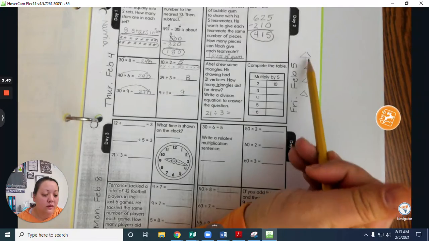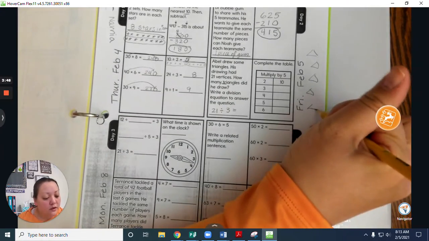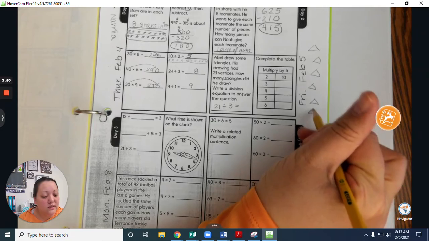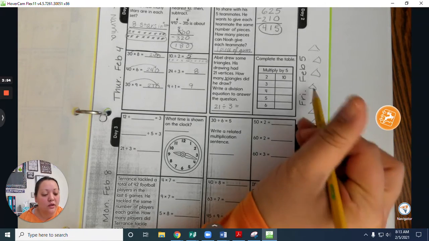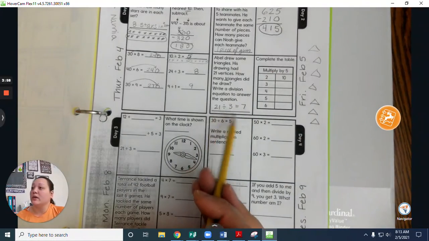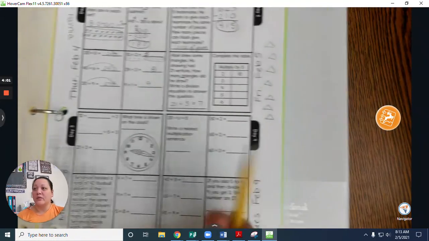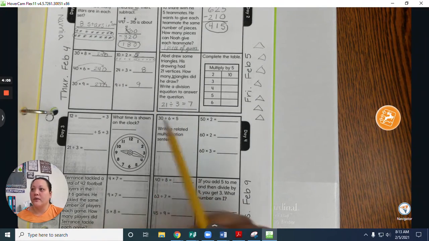And I could do this by counting to 21 and I have 7. Or I just know that 21 divided by 3 is 7. However you solve that, that's great. But this is the division equation.